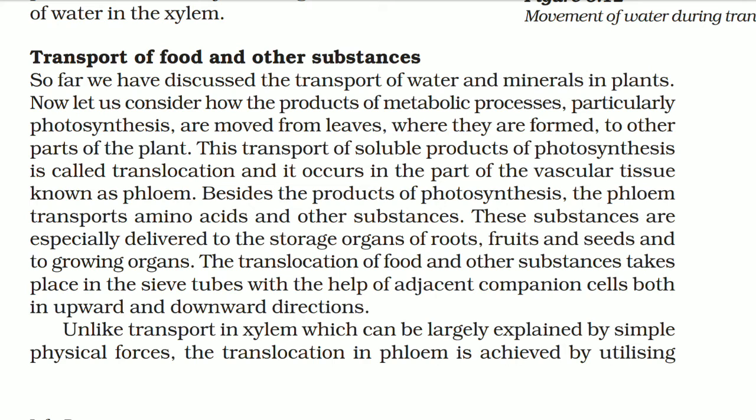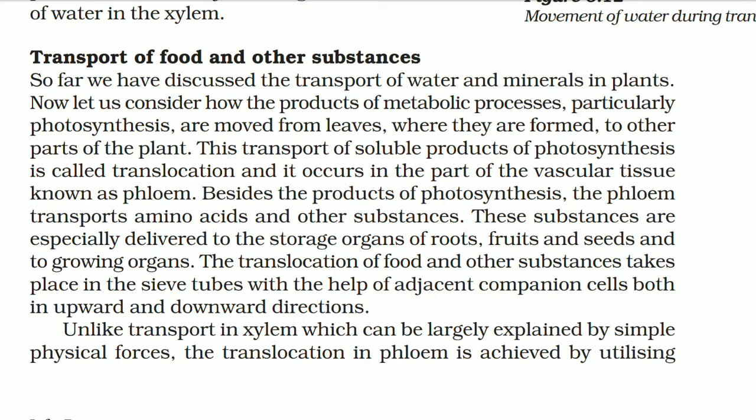Besides the products of photosynthesis, the phloem also delivers materials to the storage organs of fruits and seeds, and to growing organs. The translocation of food and other substances takes place in the sieve tubes with the help of the adjacent companion cells, both in upward and downward directions.